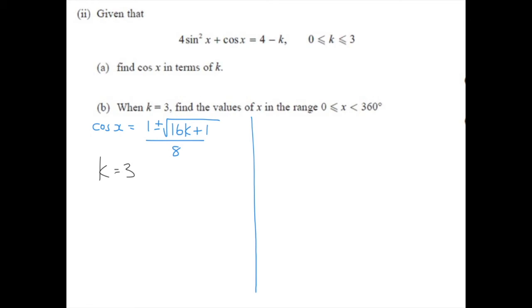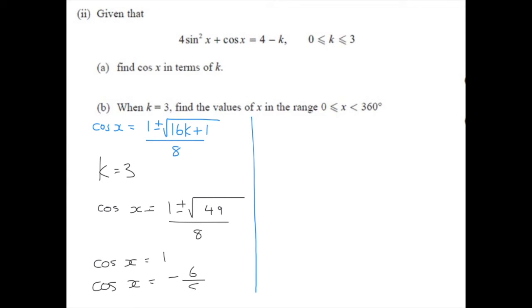So substituting k into the equation that we worked out earlier, we're going to get cos of x is equal to 1 plus or minus the square root of 49 over 8. So we're going to end up with two solutions here, cos of x equaling 1 and cos of x also equaling minus 6 over 8.